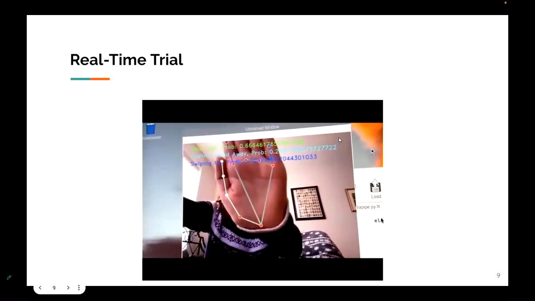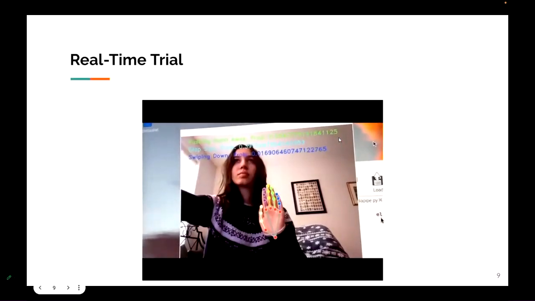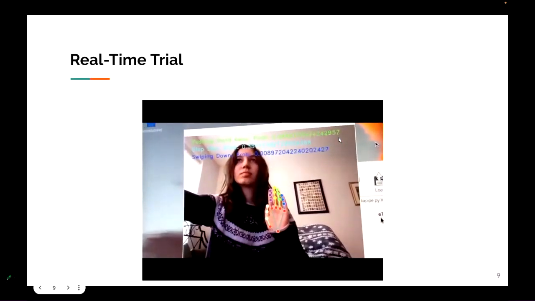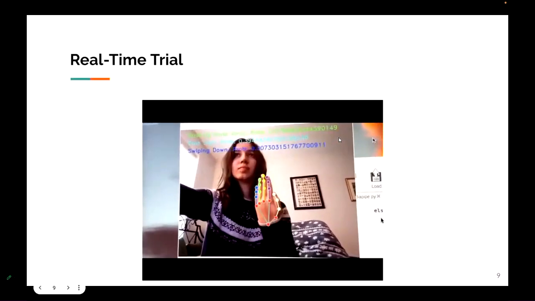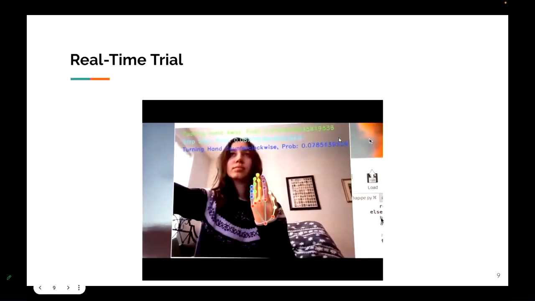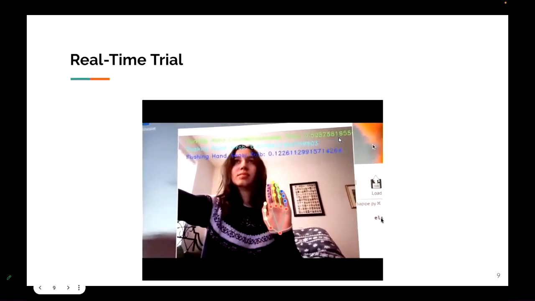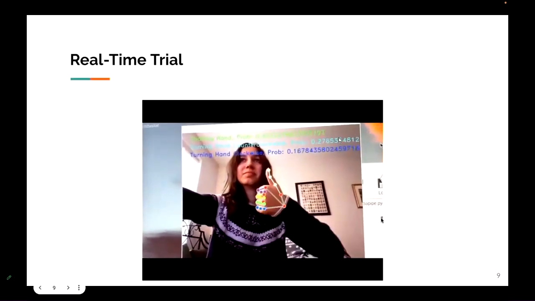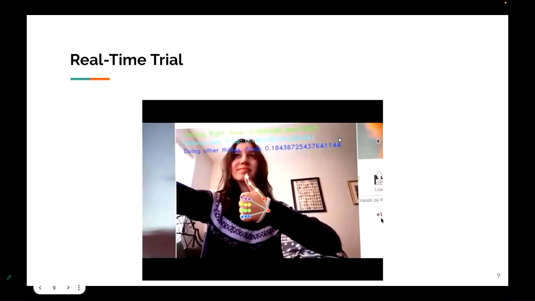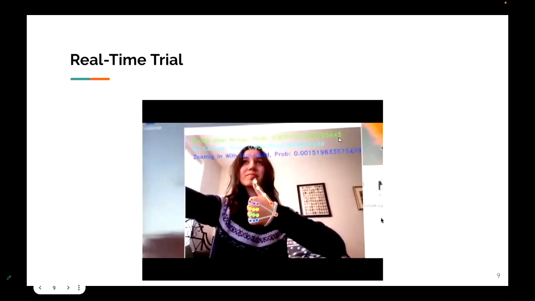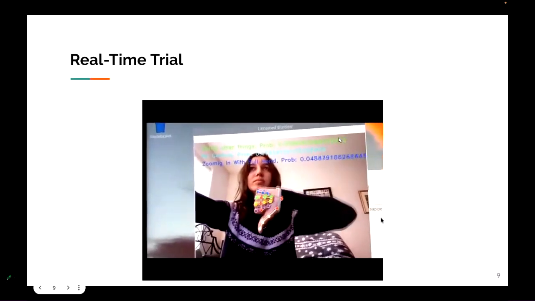So here you can see me recording, and what's written on the screen is the top 3 classification predictions. That happens over time, and I'm recording the screen with my phone because trying to screen record was introducing even more latency. This was giving medium results, but I was happy that we were able to produce something in real time.